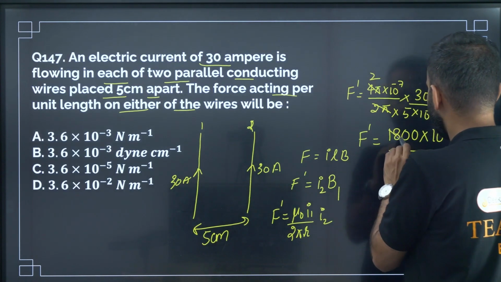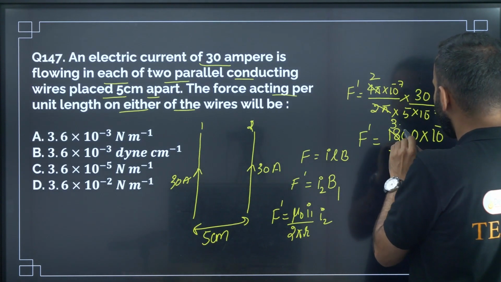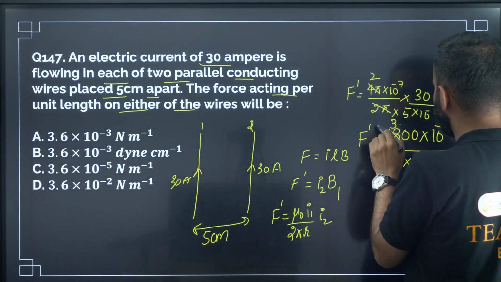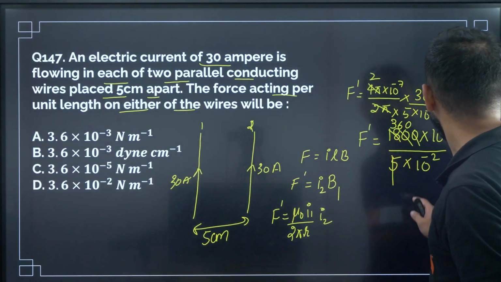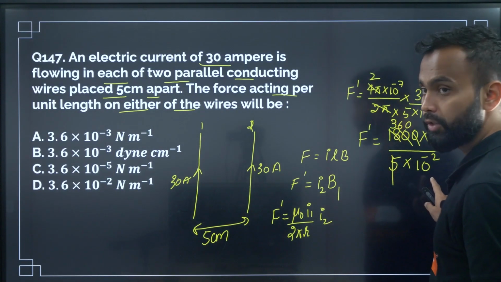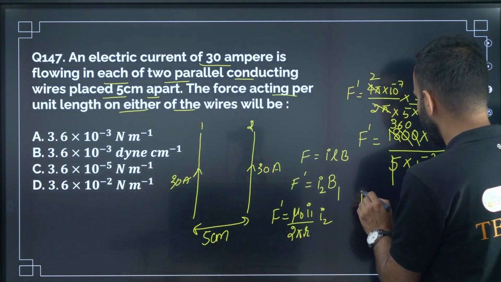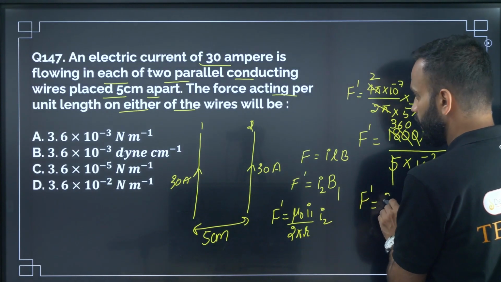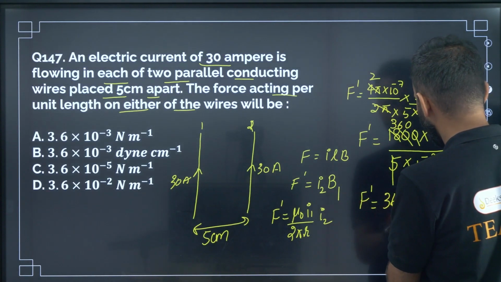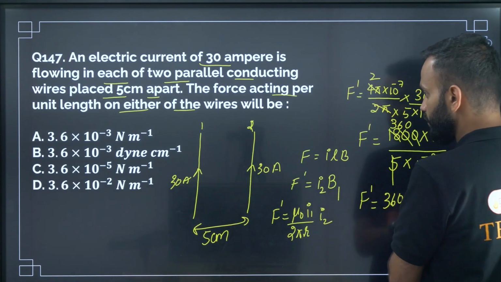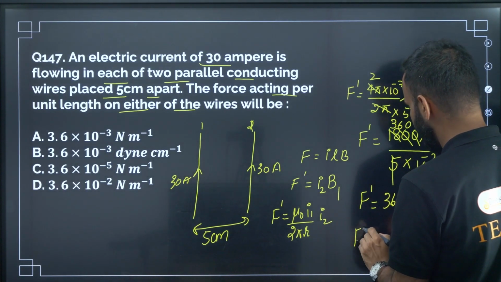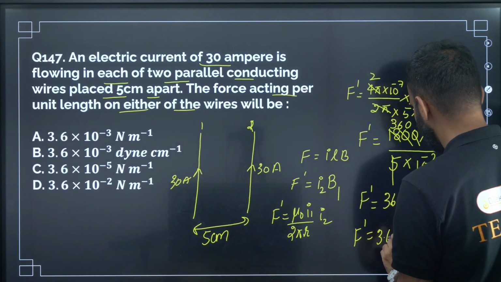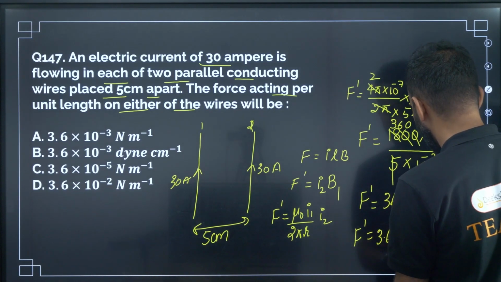So 5 3s are 18, then 360. 360 into 5 is 1800, right? Now 10 to the power minus 7 by 10 to the power minus 2 is 10 to the power minus 5. So F dash is equal to 360 into 10 to the power minus 5 Newton per meter, right? F dash is equal to 3.6 into 10 to the power minus 3 Newton per meter.